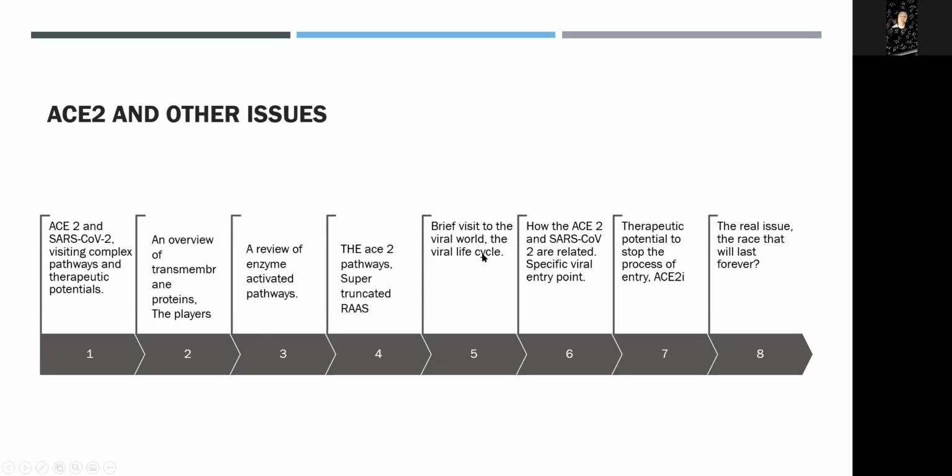We took a brief visit into the world of the viral life cycle, as well as touched on how ACE2 and SARS-CoV-2 interact with each other in a very specific way to gain viral entry. We touched on, too, those therapeutic potentials of ACE2 inhibitors, and other mentionable things, as well as the real issue here.